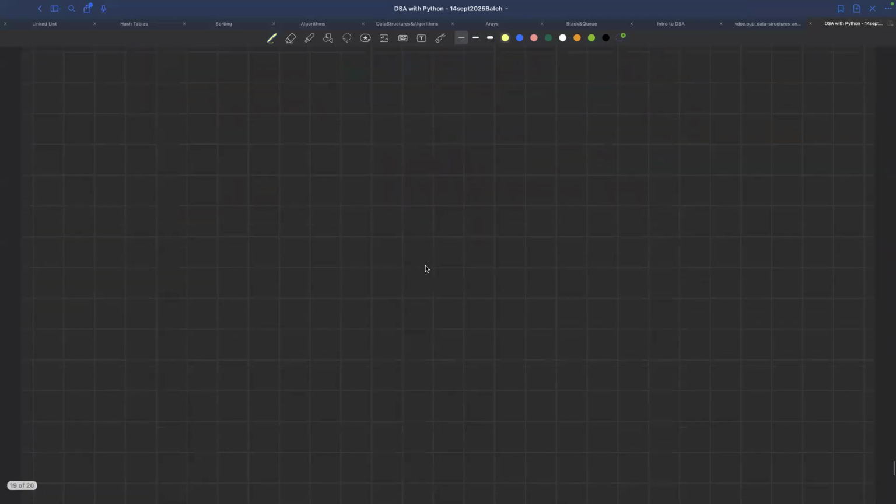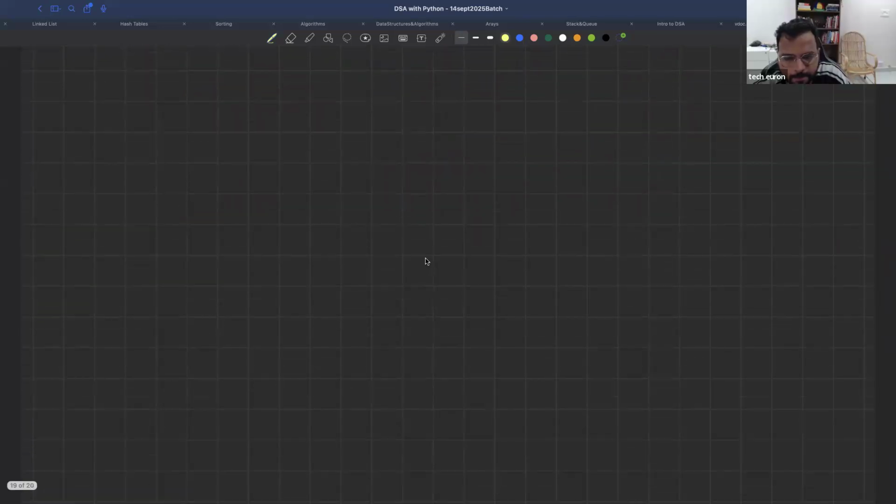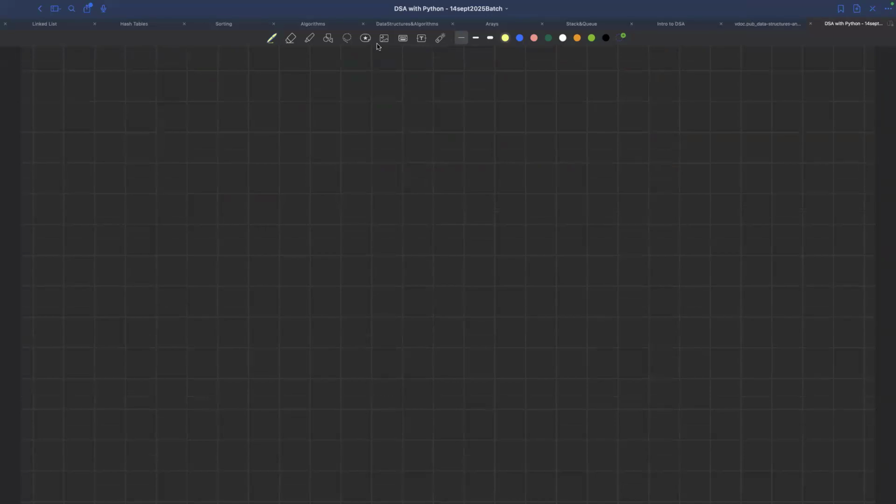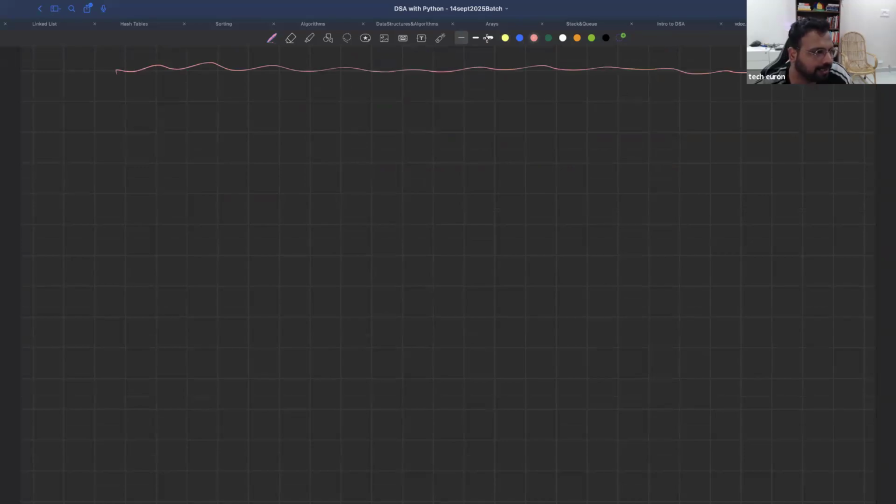Linked list? Not linked list. We will talk about compact array versus a referential array.